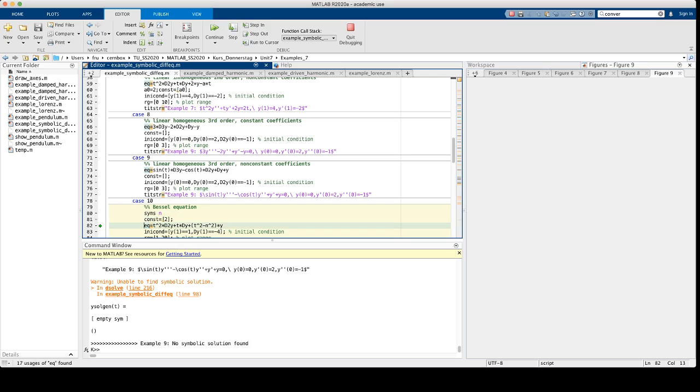This is Bessel's ODE, t squared times y double prime plus t times y prime plus t squared minus n squared times y. I specify two initial conditions.